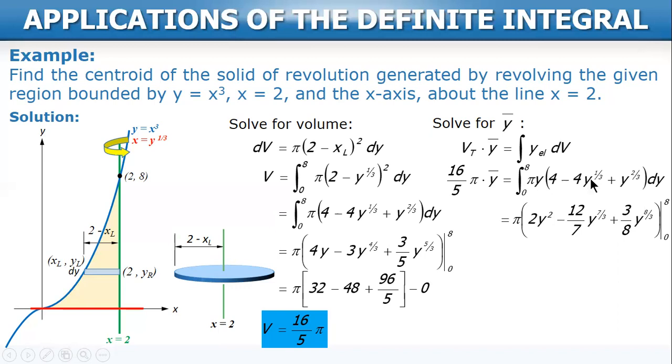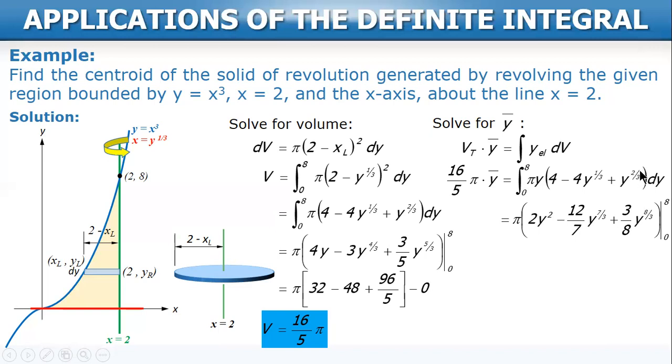Y times y raised to 1/3 is y raised to 4/3. Integrate, plus 1, that's 7 over 3, over 7 over 3, or get the reciprocal, 3 over 7 times 4, that's 12 over 7. And then this one, y times y raised to 2/3, that's 5/3.